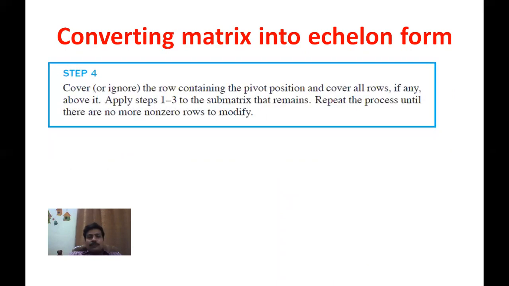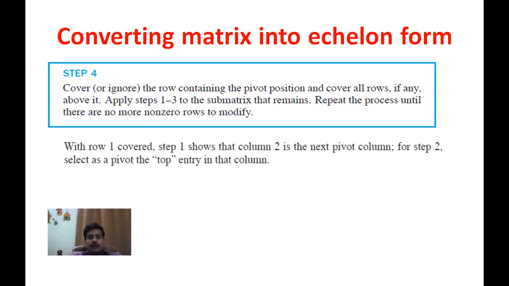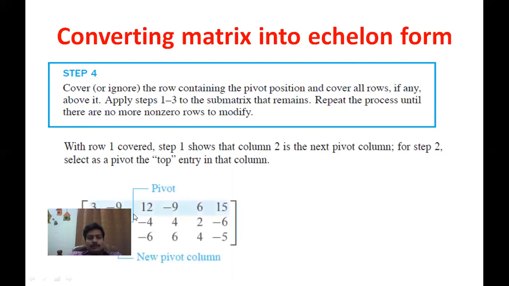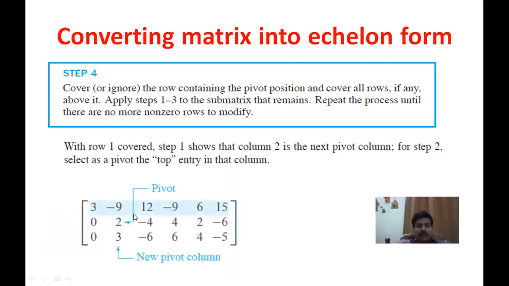Step 4. Cover the row containing the pivot position and cover all rows, if any, above it. Apply steps 1 to 3 to the submatrix that remains. So I am covering this first row, which has a pivot position. Now the game is in this submatrix only.